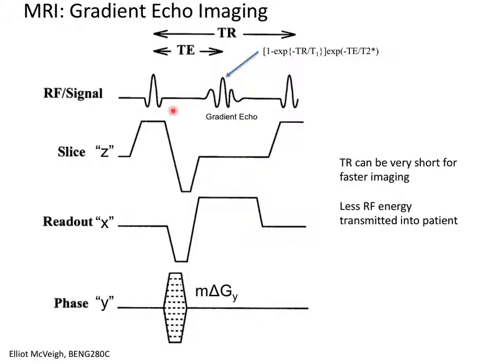You can tip it out over time. So there's sort of 3, let's say, zones of what TR values make sense when you're doing images like this, and we'll take a look at those.